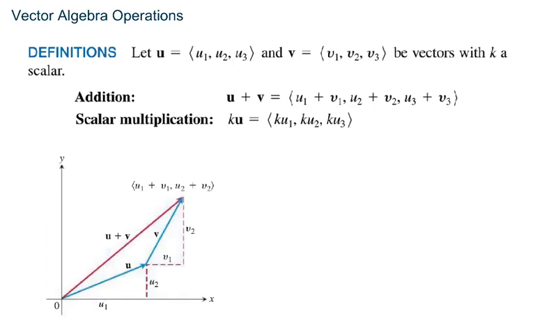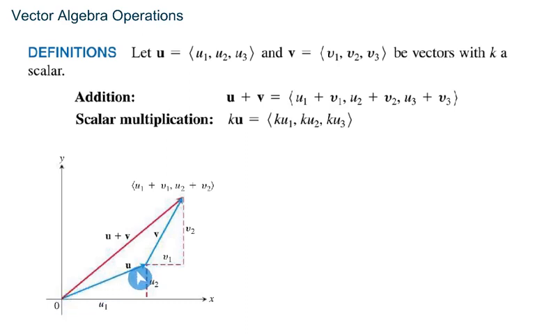This first picture that I've brought in helps us visualize the sum of two vectors geometrically. So we have vector u, initial to terminal, and then we add to it vector v. So the initial point for vector v begins at the terminal point for vector u.